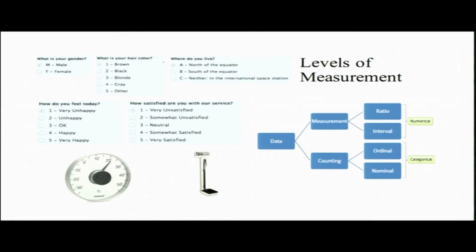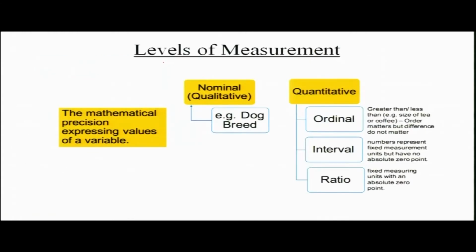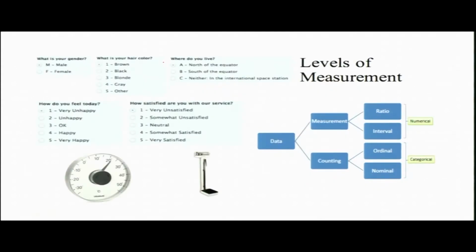Or what is your hair color, or where do you live, or how do you feel today, or how satisfied are you with our service. And then you can see a temperature scale and a weight scale. So identify for yourself which of these would fall in the categories of nominal, ordinal, interval and ratio types of variables.